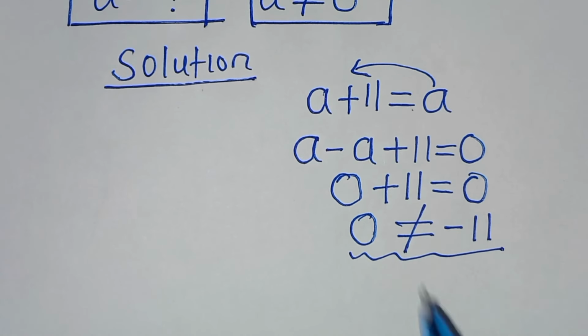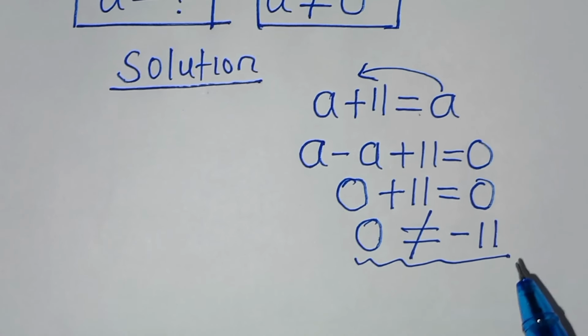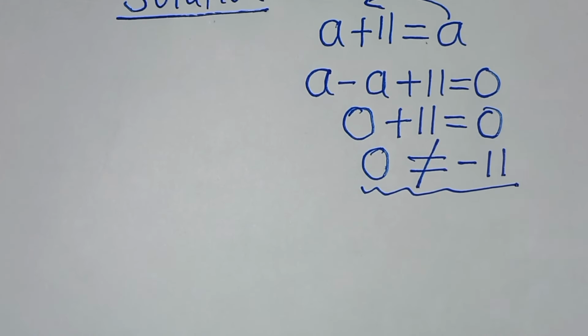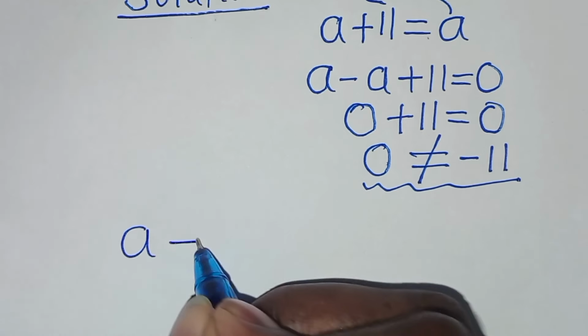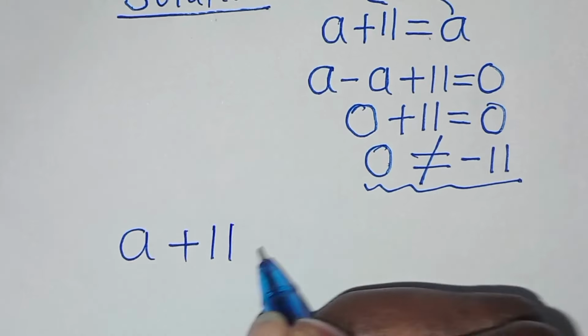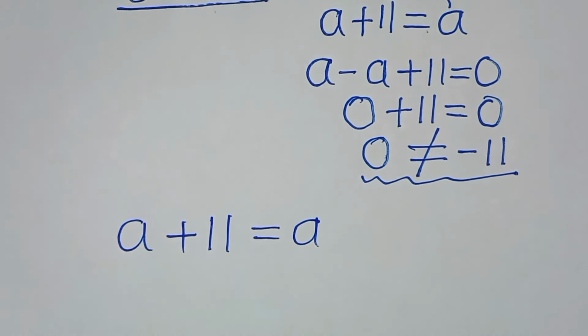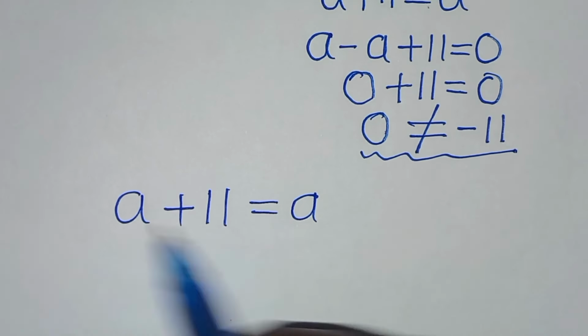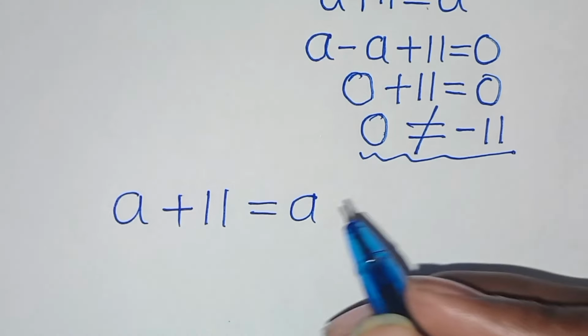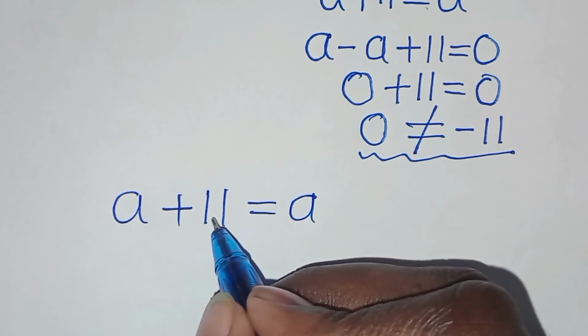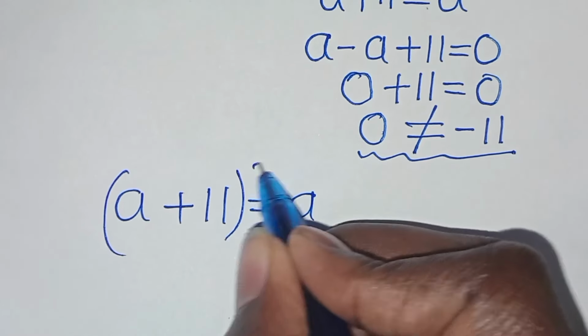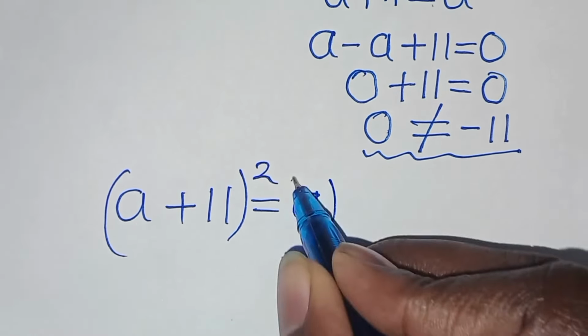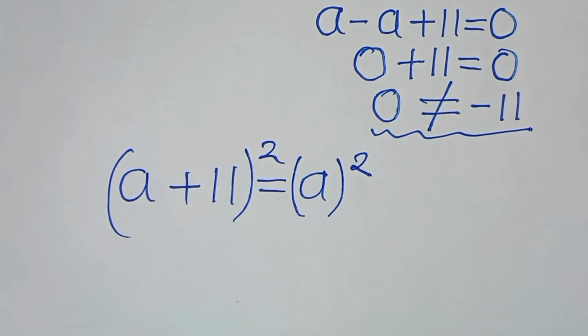So let's solve this by applying the algebraic identity. Now, we have that a plus 11 is equal to a. Applying the algebraic identity, a plus 11 raised to the power of 2 is equal to a raised to the power of 2.